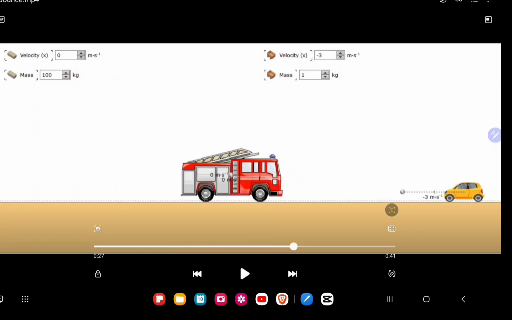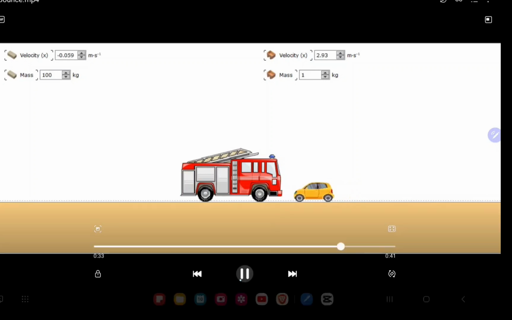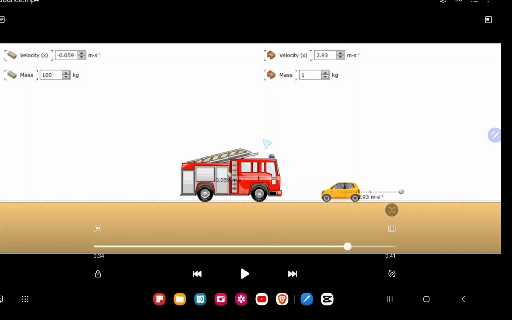Now let's consider the other case. The velocity for the small car is 3, it's minus 3 because it's directed this way, and the velocity for the large one is 0. After the collision, the velocity for the large one is almost 0, and the small car just bounces back.